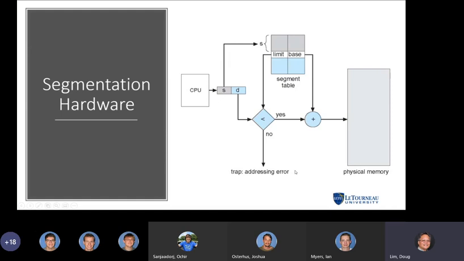Then we check whether the offset is less than our limit. In other words, have we exceeded our segment? If we exceeded the segment, we have made an error and we're stomping on somebody else's memory. If not, then we add the offset to the base and that maps us to the physical address. And again, this is basically a specific implementation of the MMU.